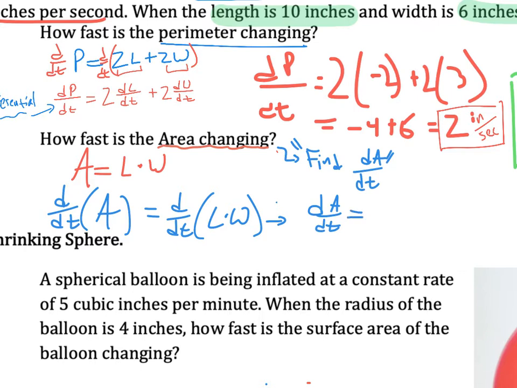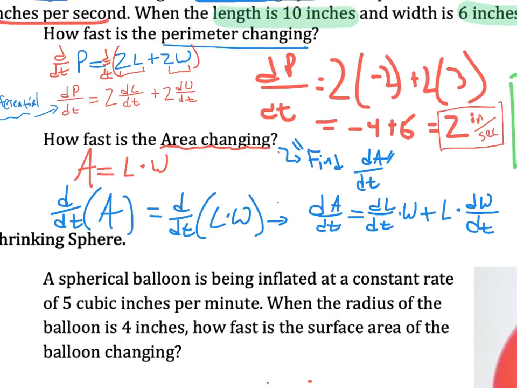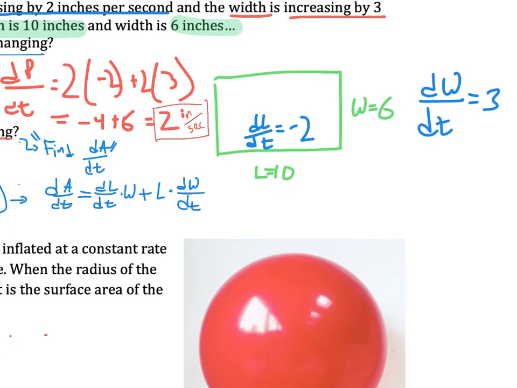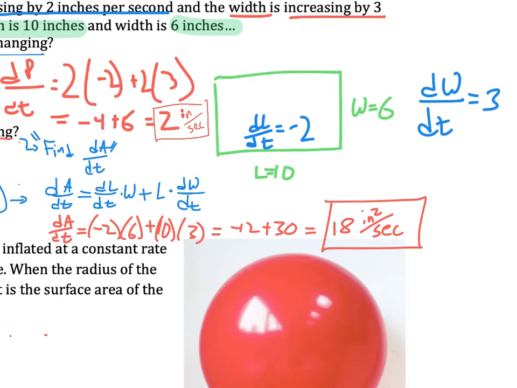So dA/dt is equal to, let's use our product rule, the derivative of the first times the second plus the first times the derivative of the second. We know the derivatives with respect to time there, so we're going to substitute these things that we know.